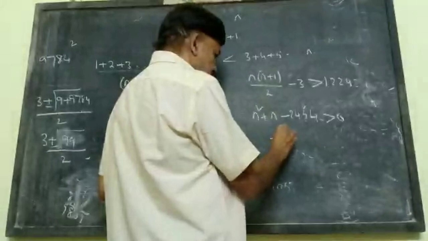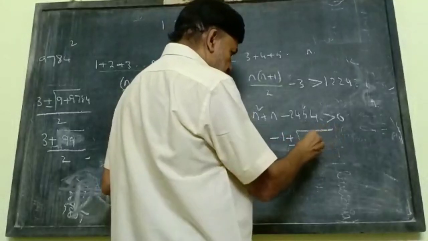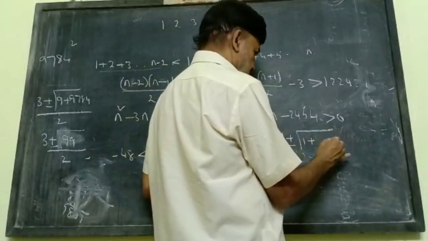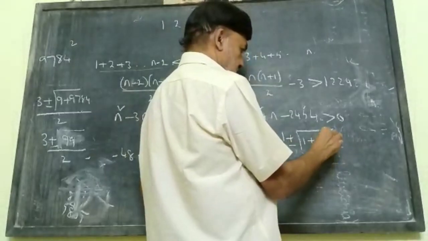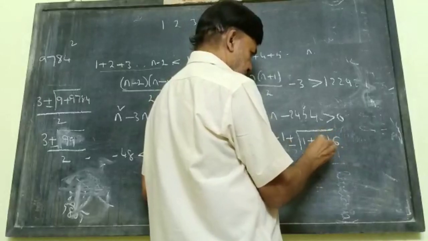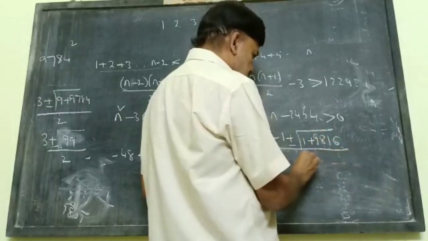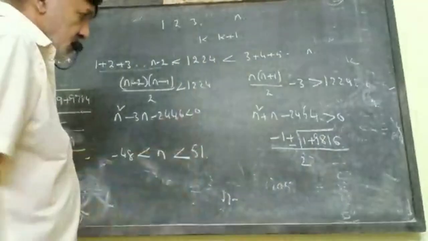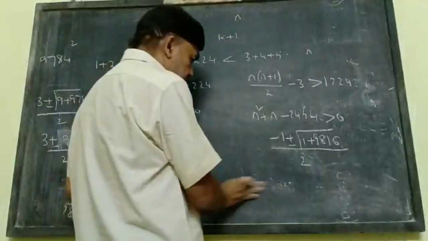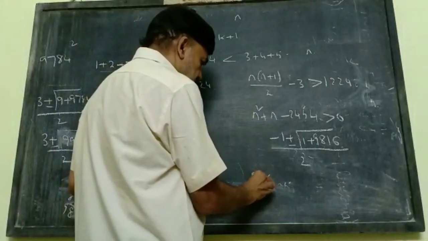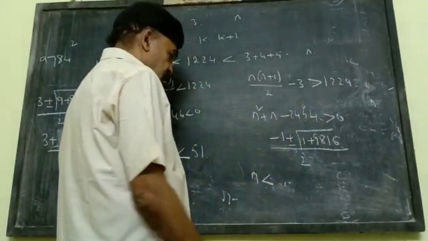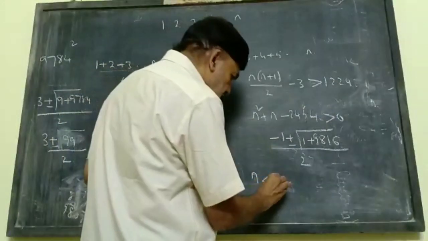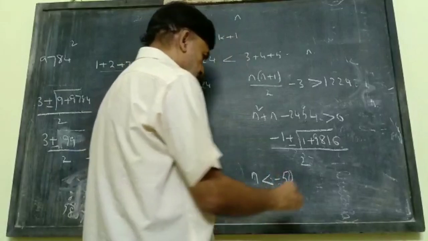Then what about the other roots? Minus 1 plus or minus square root of 1 plus 9816 by 2. So that is also 99 I can consider. Then I am going to get n less than the smaller, because greater than is there. Minus 1 minus 99, minus 50.